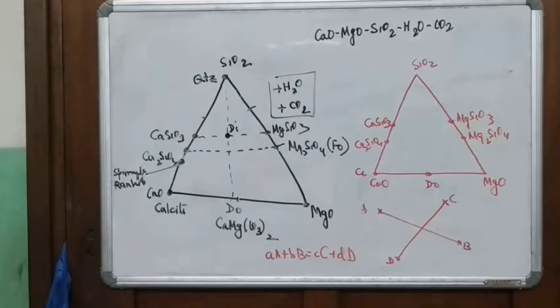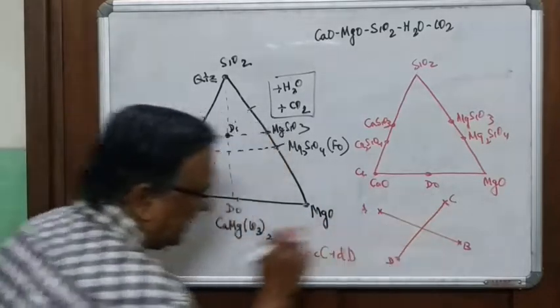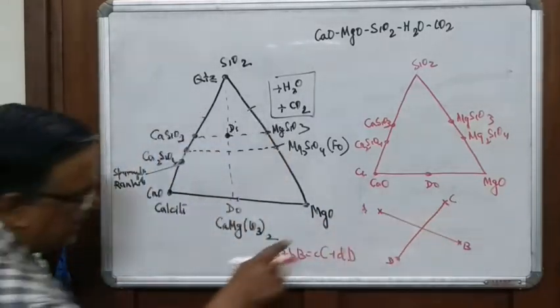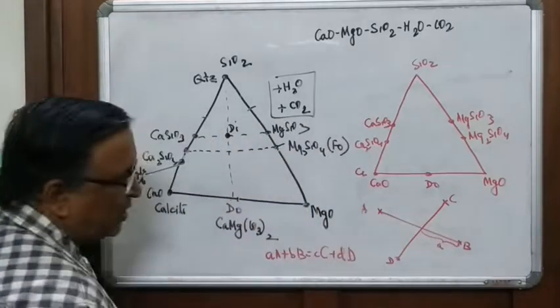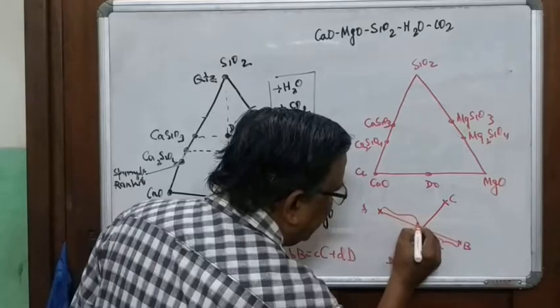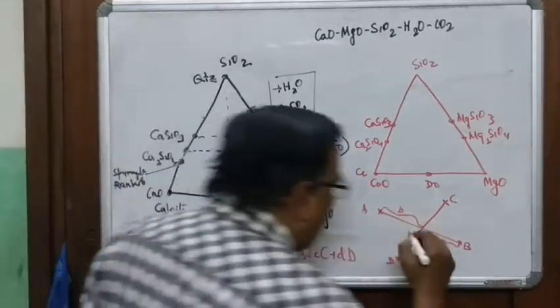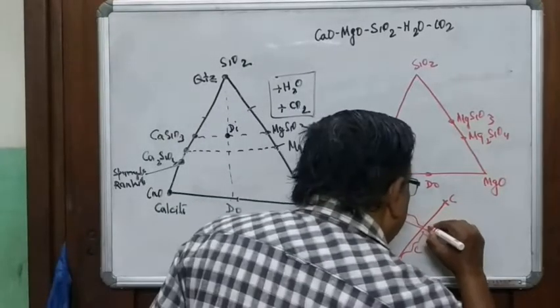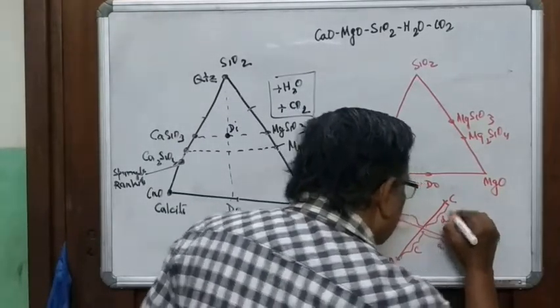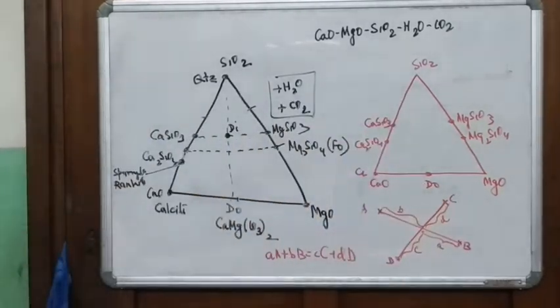This is called the crossing tie lines, where small a is this, small b is this, small c is this, and small d is this. These are the mole proportions.